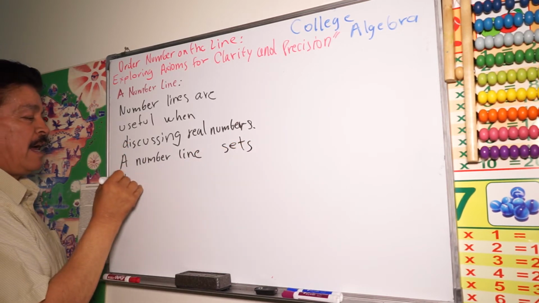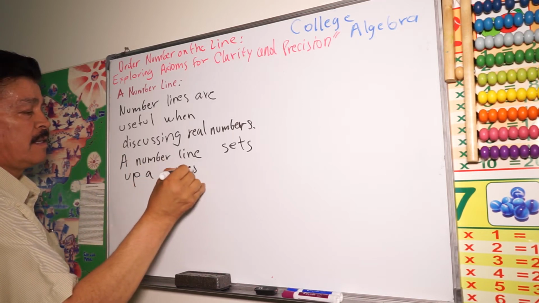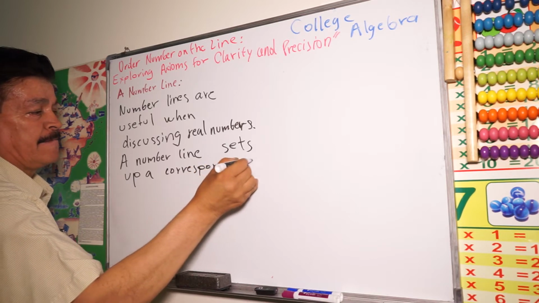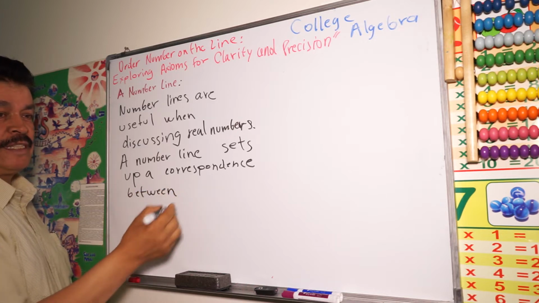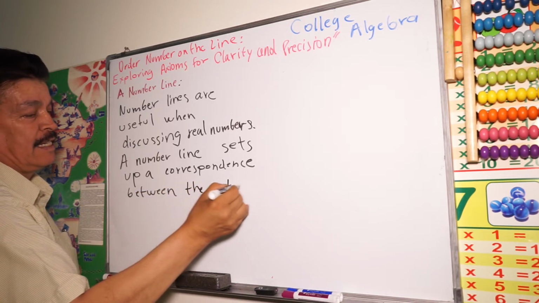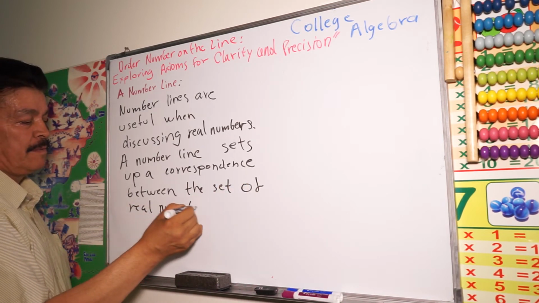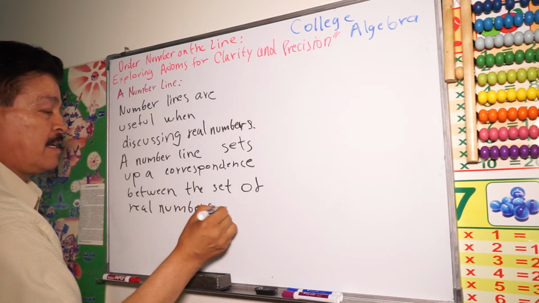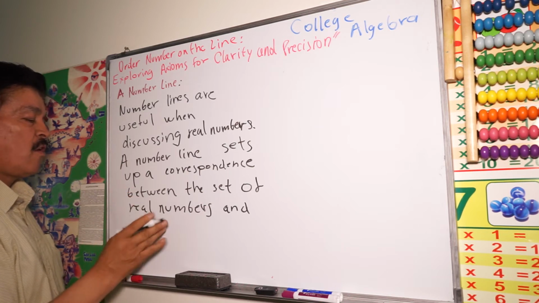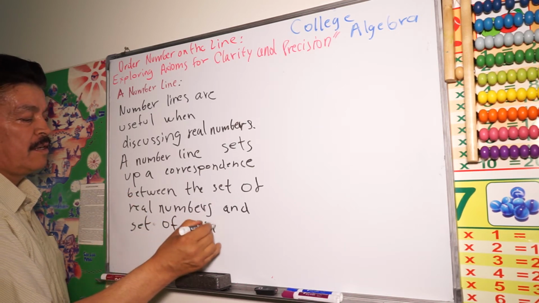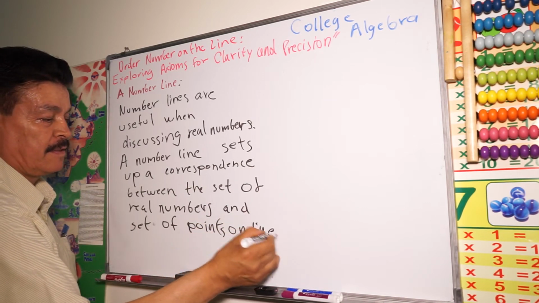We set up a correspondence between the set of real numbers and the set of points on a line. Points on a line. All right.